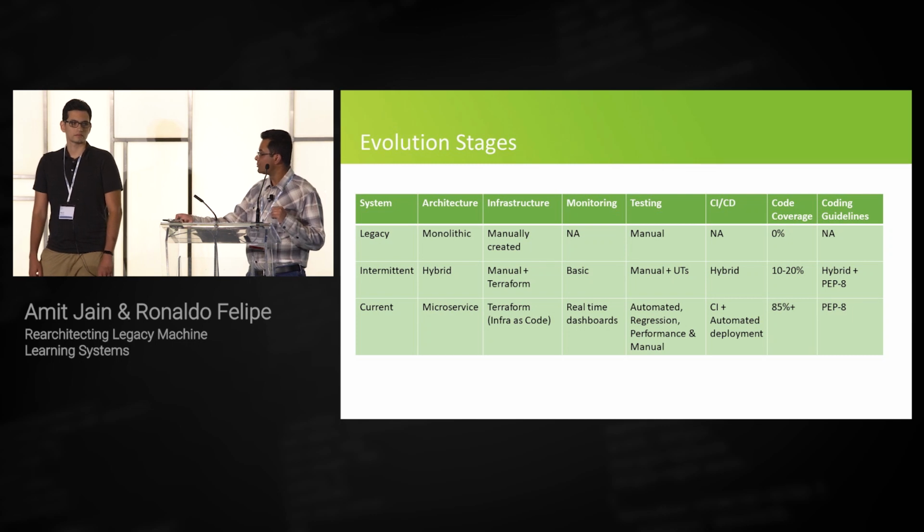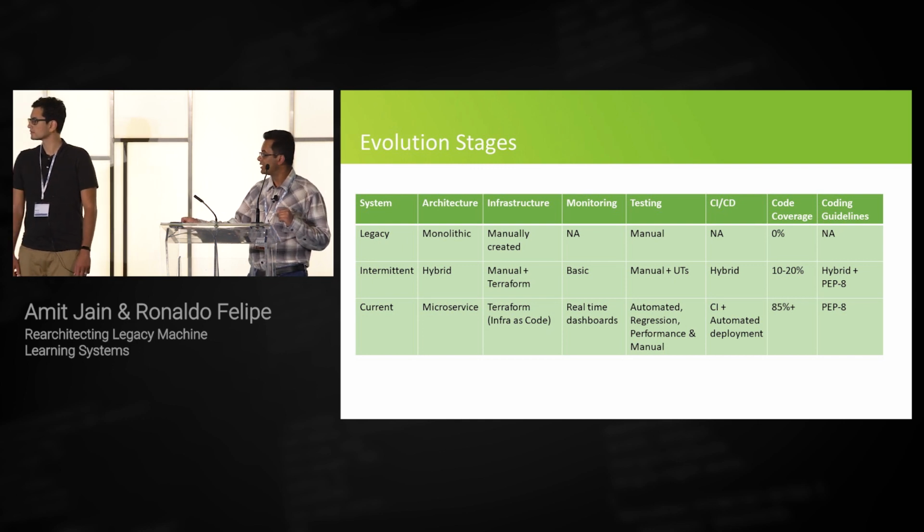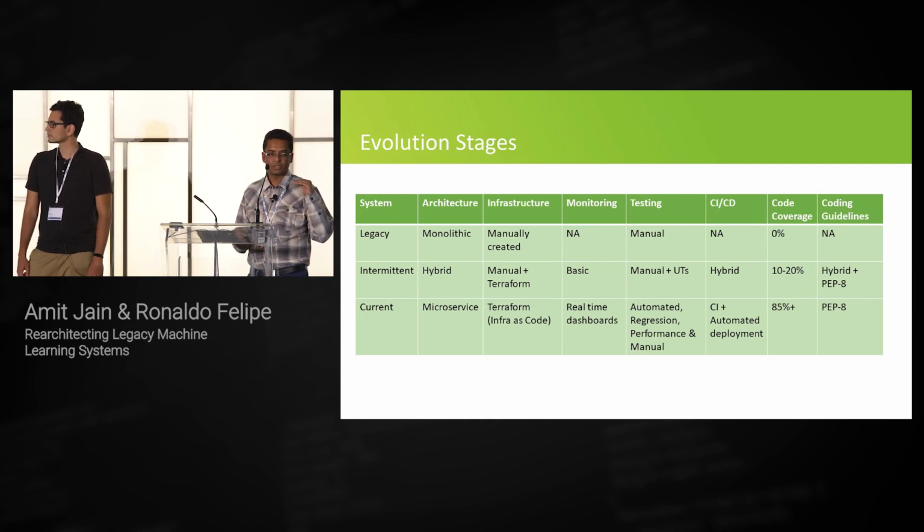The good thing about this is that we are again refactoring this current system to some extent, and this is helping us catch issues much earlier and track our progress. Are we progressing on the right track?